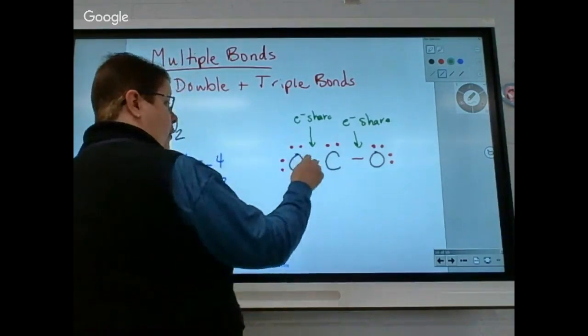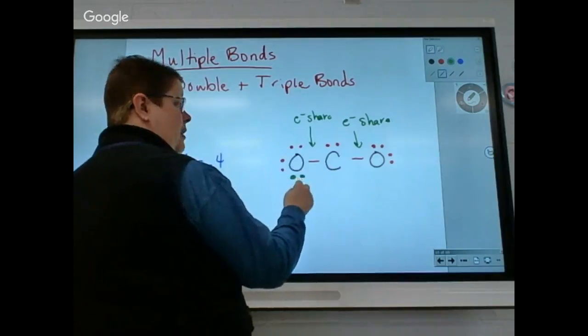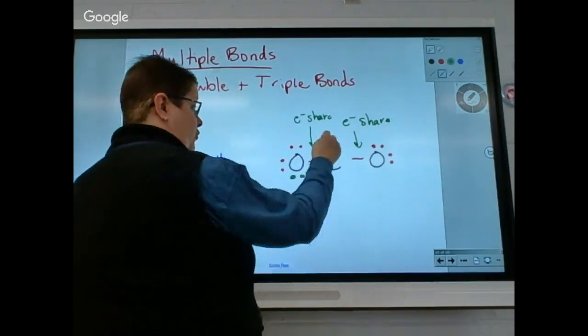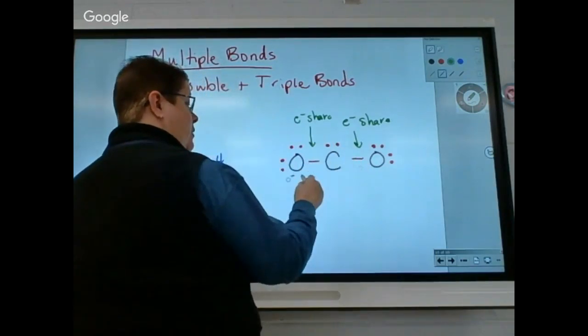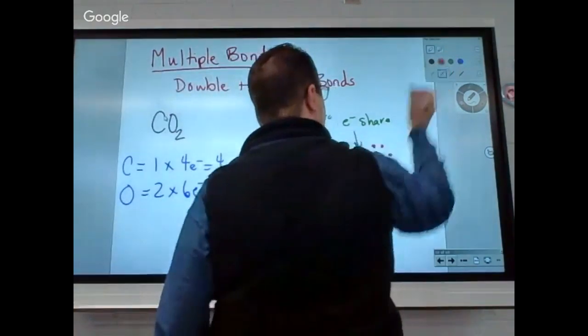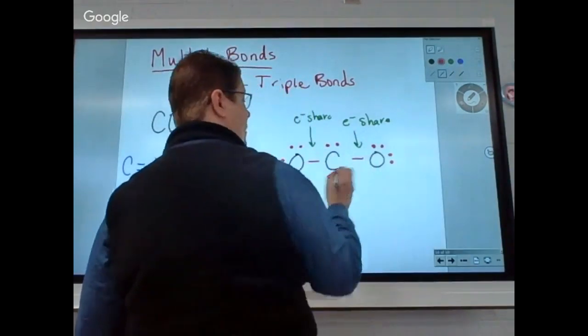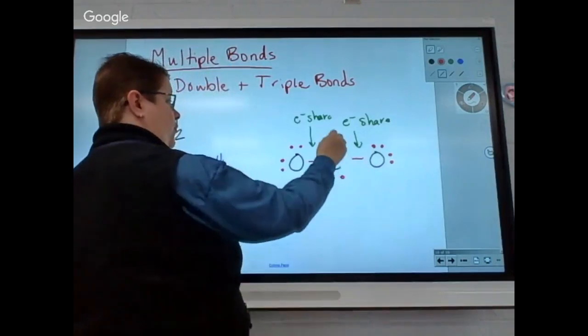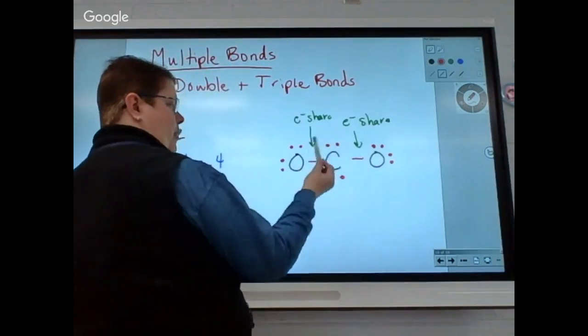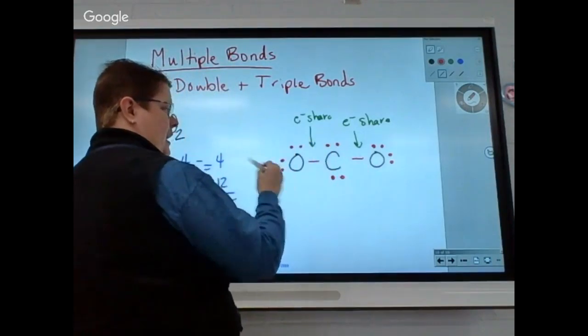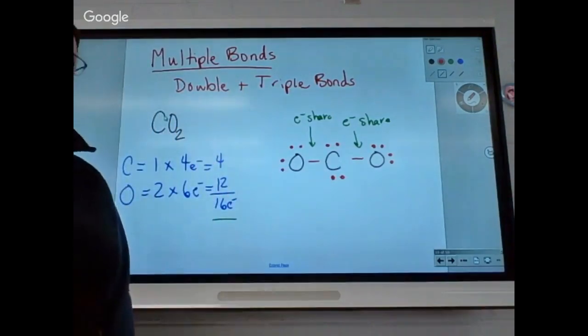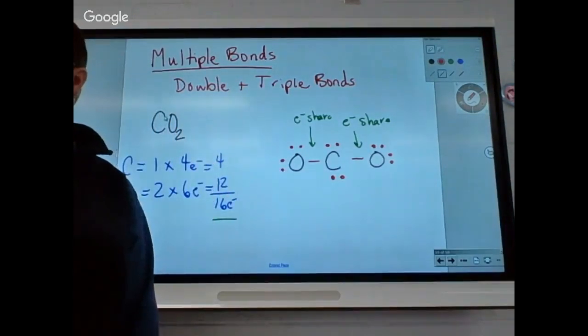No, because now O has 2, 4, 6, 8, and carbon only has 2, 4, 6. So that didn't benefit anybody for me to do that. Okay, so if I put them back, C has 2, 4, 6, 8. Oxygen only has 2, 4, 6.